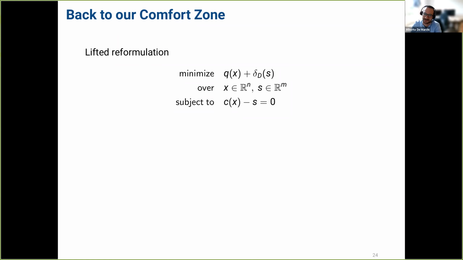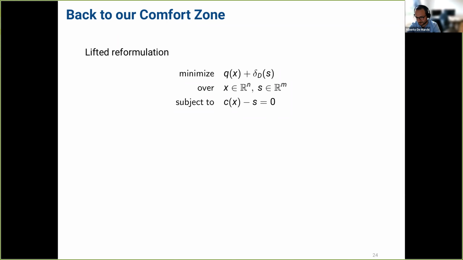So here I write back to our comfort zone, because usually augmented Lagrangian methods are applied to equality constraints, or at least at the beginning it was applied to equality constraint problems. So we can just introduce some slack variables s here, to obtain an equivalent problem with equality constraints.